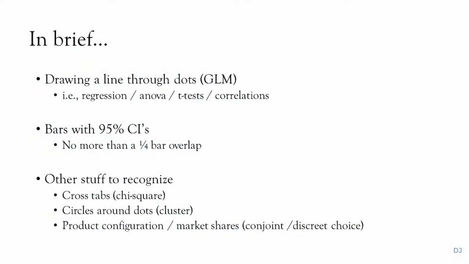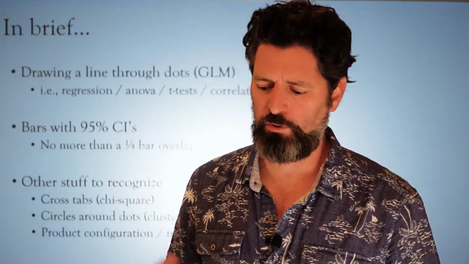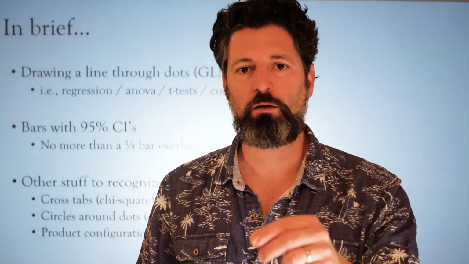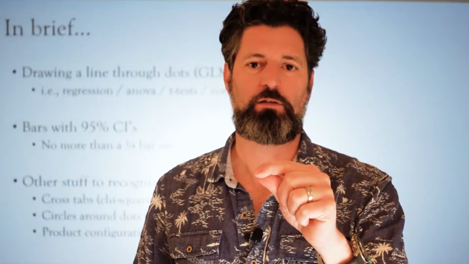Then we also do 95% confidence intervals around bars. It's important to remember when we're looking at a bar chart, we tend to put too much faith in that bar. We tend to treat that bar as a great measure of that thing. But it's not really.